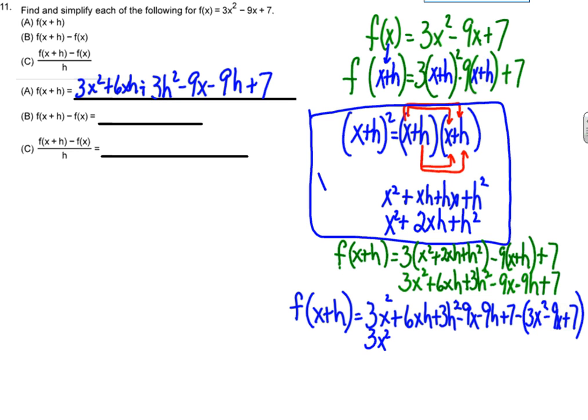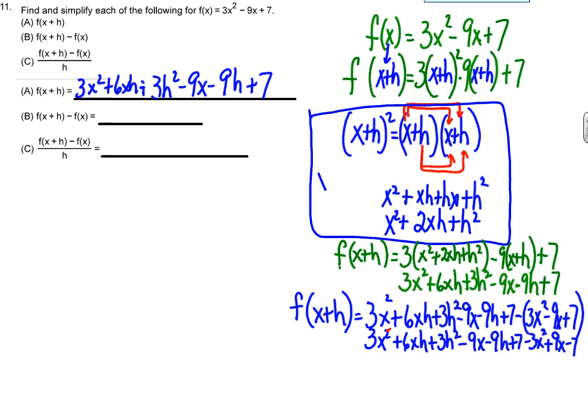Let's rewrite it. Now we have a negative 3x squared plus 9x minus 7. Let's check to see if we can cancel anything out, if we have opposites.